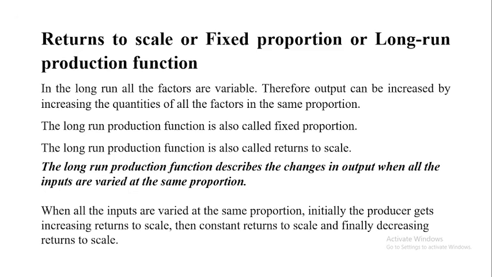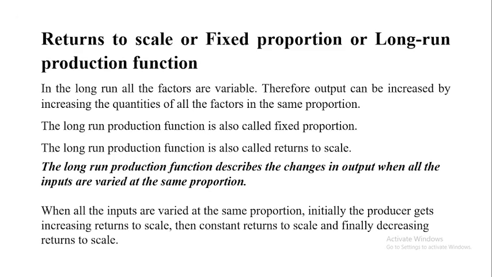Increasing returns to scale means in the long run when we increase all the inputs in the same proportion, output increases at a greater proportion. For example, if you increase all the inputs by 10%, the increase in your output will be more than 10%. That is increasing returns to scale.